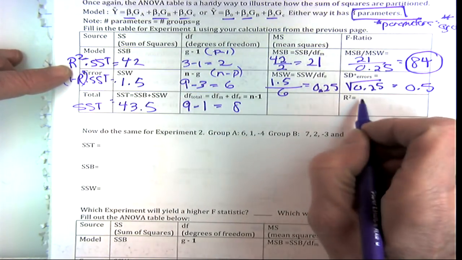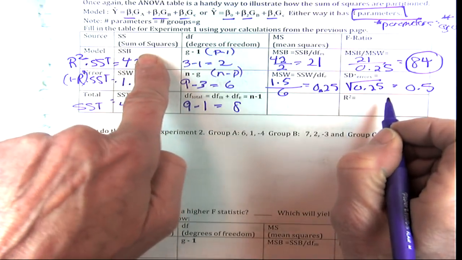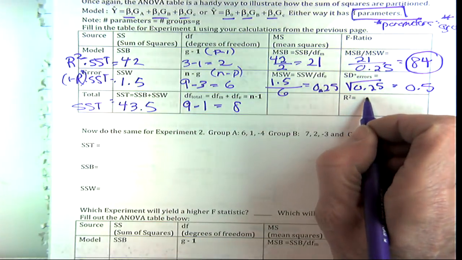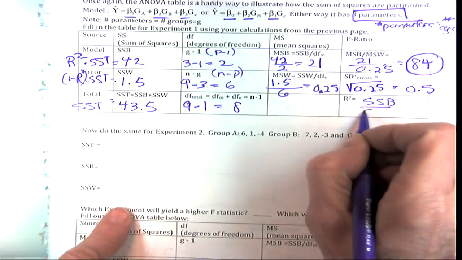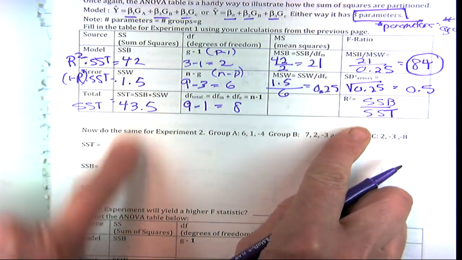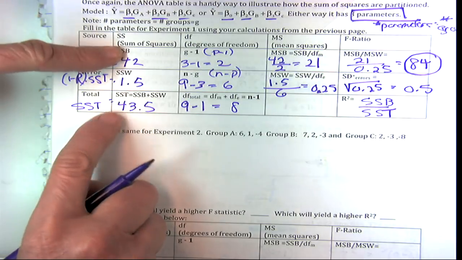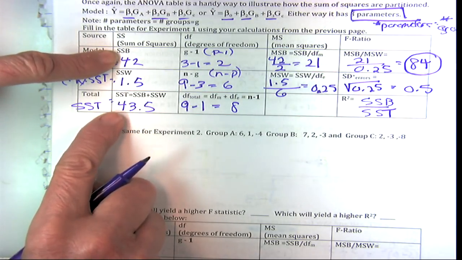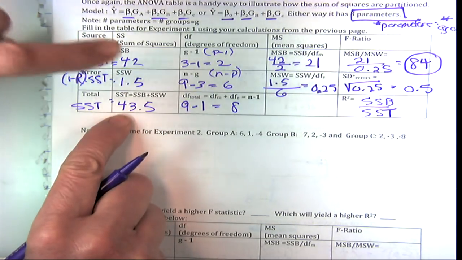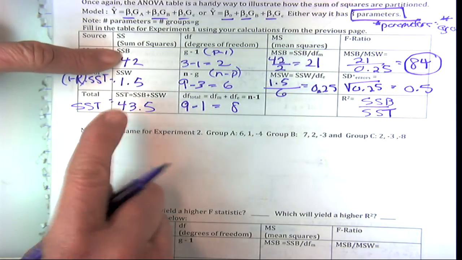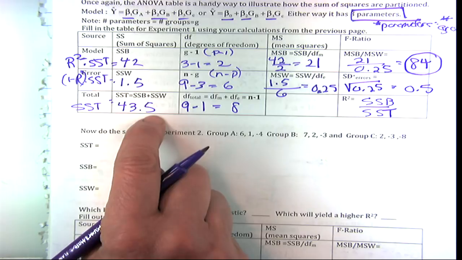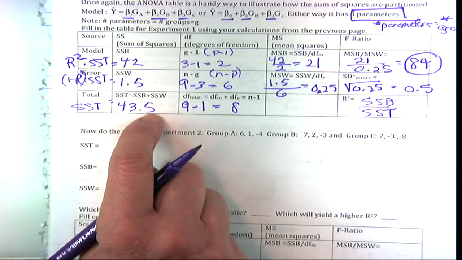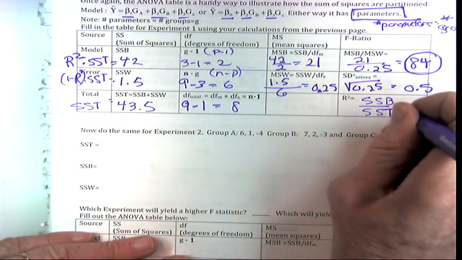So r squared is always just our sum of squares model, the sum of squares between, over the total. It's the proportion of the total variation that we can explain by the model. 42 out of 43.5 is explained by the model, so it has a very high R squared.